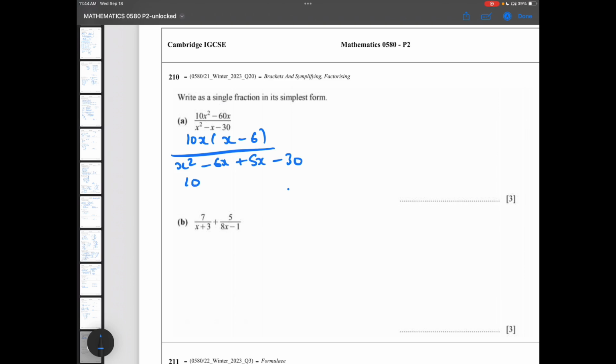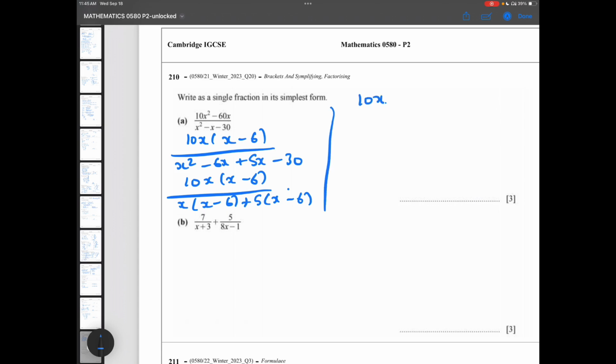Now the numerator becomes the same, 10x into (x − 6). I will just copy it. In the denominator, in the first two terms x is common, so I'm left with x − 6. In the next two terms 5 is common, and I will be left with x − 6.